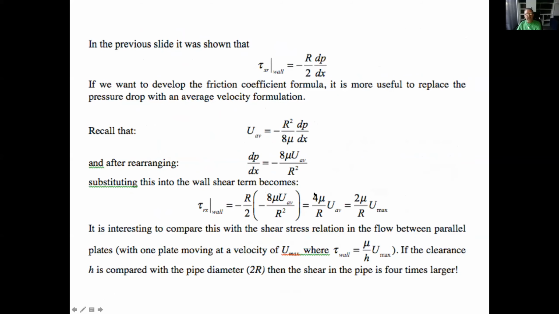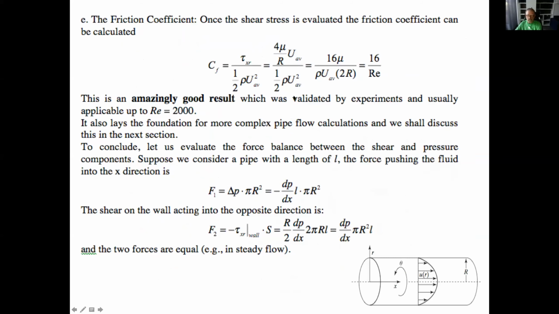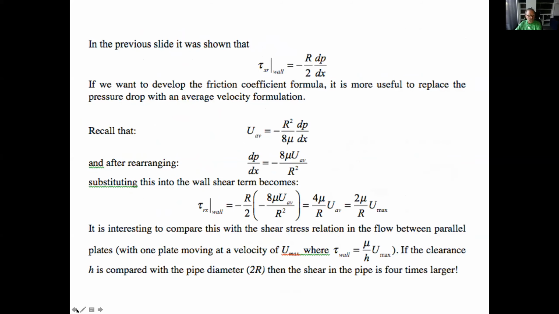When I did the shear, I ended up with this formula. This is when I tried to do A, B, C, all the different quantities. Remember that one?